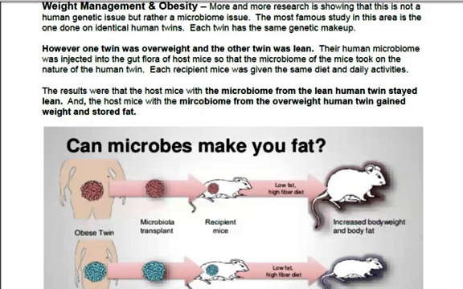Same diet, but a difference in how the body reacts to it.